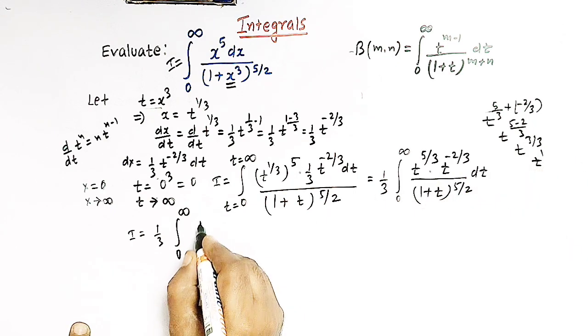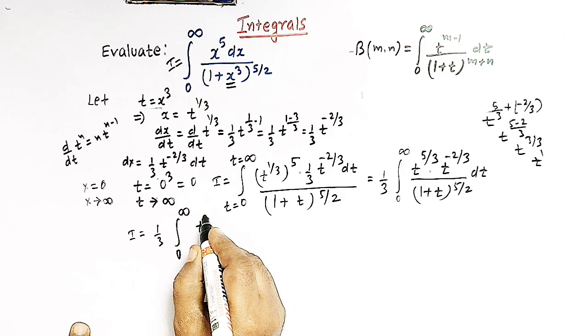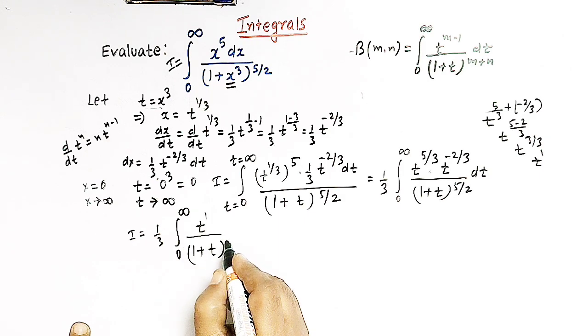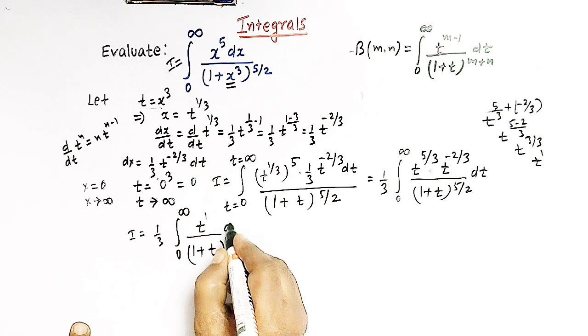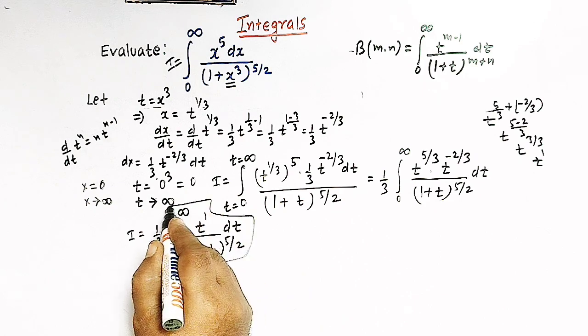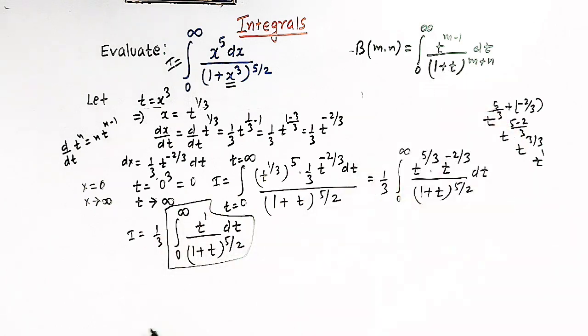So in the numerator we have t raised to 1, and here we have (1 plus t) raised to 5 over 2 dt. So now let us compare this integral with this one.